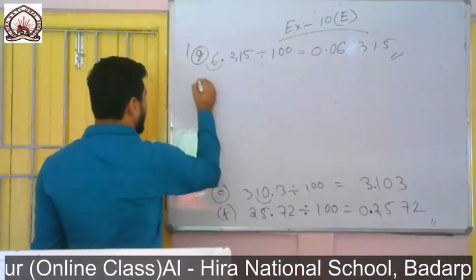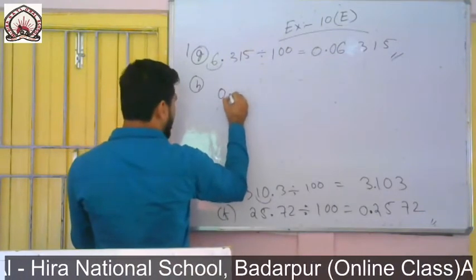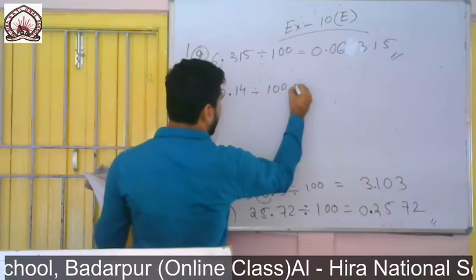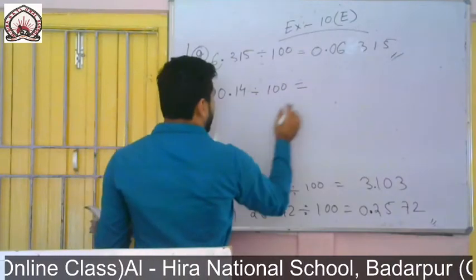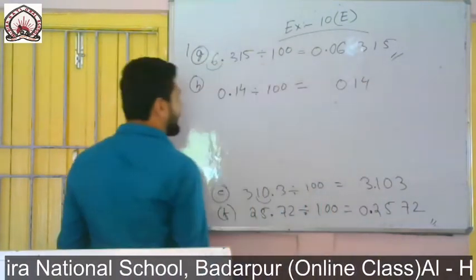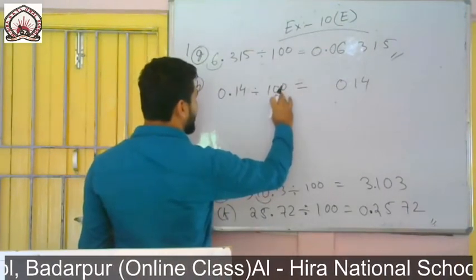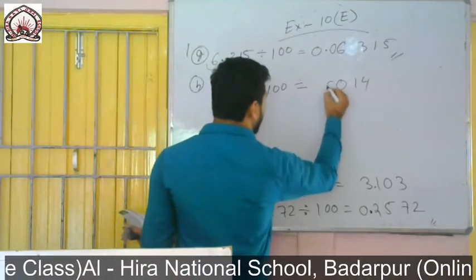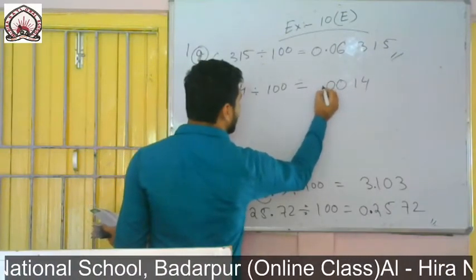Now come to H. 0.14 divided by 100. Here you see carefully, you first write the number 014. After that you see how many zeros? 2 zeros, so I'll put a 0 to make it 2 places.